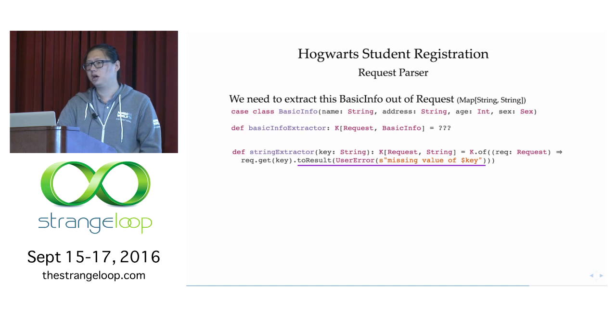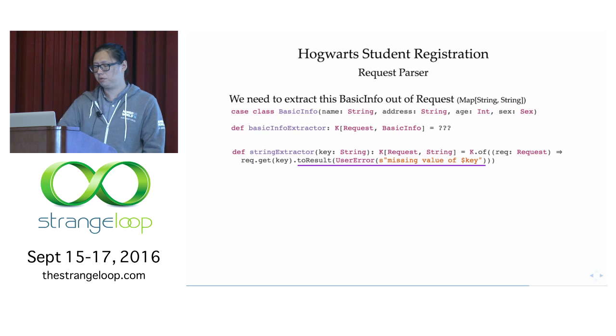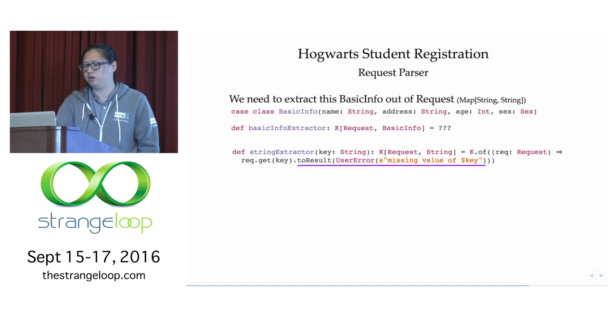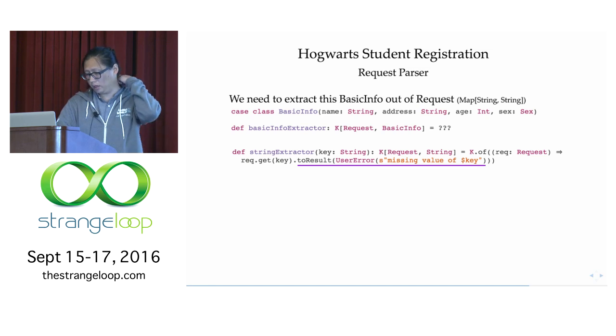So to get a string out of a map of string for a particular key is pretty easy. You just say request.get(key).toResult, and the user error is just an error when there's no such key in the map. We use that error. So that's it. The toResult method is a helper method you write yourself.